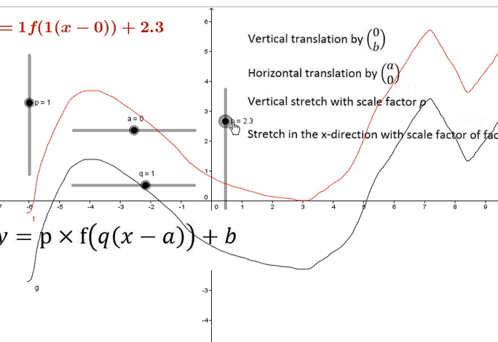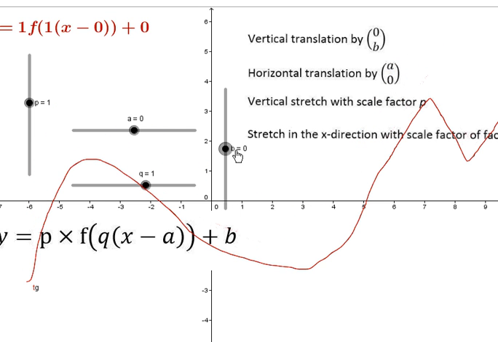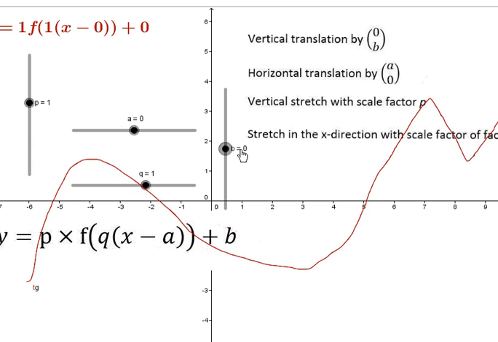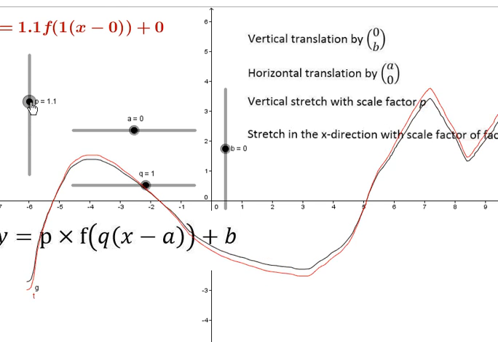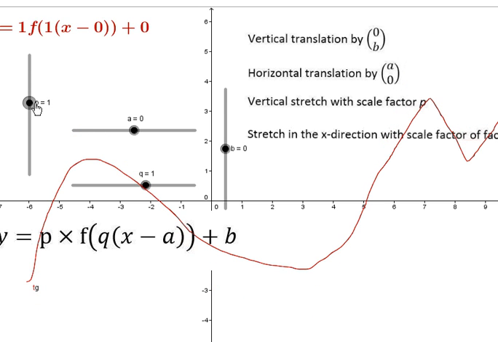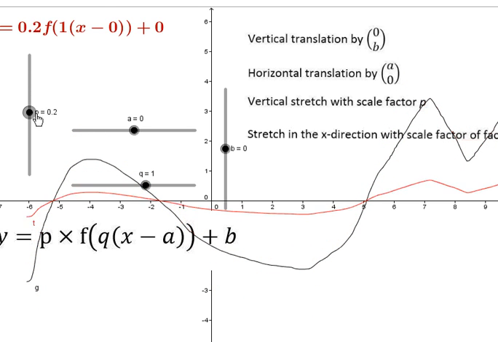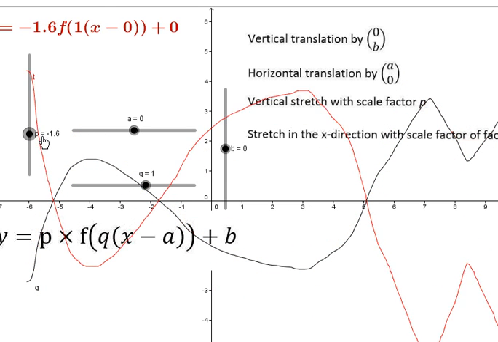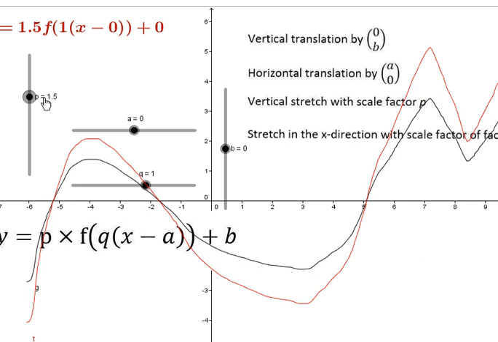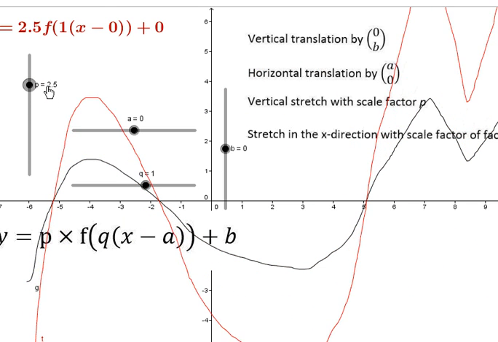That's a vertical translation. If I make b negative, the graph goes down from its original position. Let's look at this one here, p. What does that do? That's a vertical stretch. Notice here the x values do not change, the y values do. And the bigger the value of p, the further away we go from the x-axis.